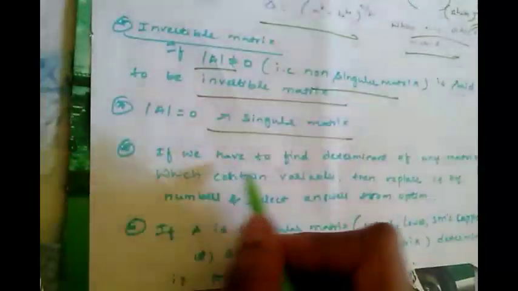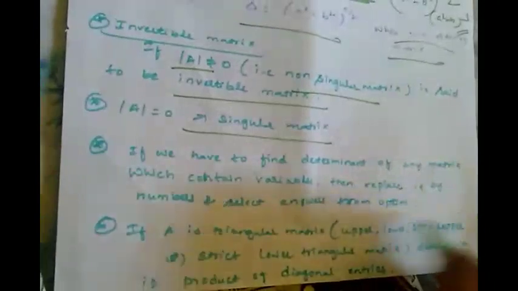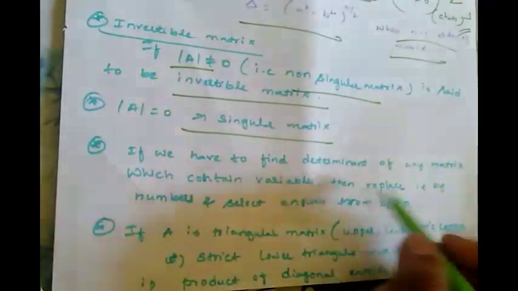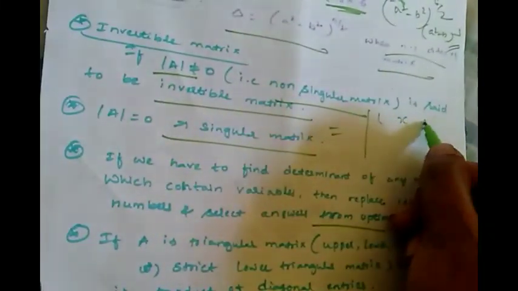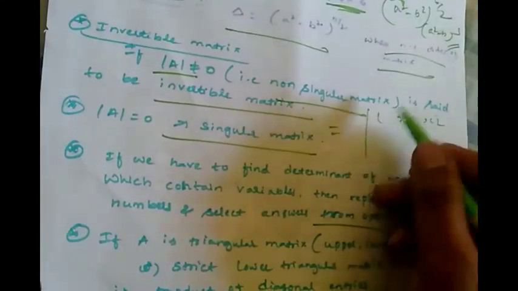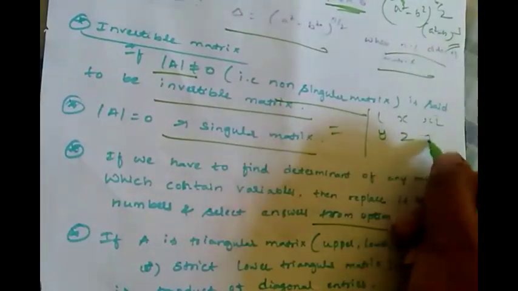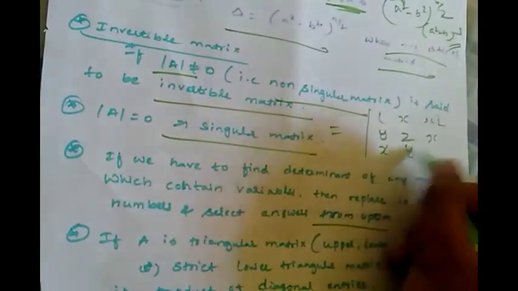Then invertible matrix: if determinant of A is not equal to 0, that is a non-singular matrix, said to be an invertible matrix, and determinant of A equal to 0 is a singular matrix. If we have to find the determinant of any matrix which contains variables, then replace them by numbers and select the answer from the options. Suppose the matrix is given with variables like 1, x, x square, y, z and y and 1.